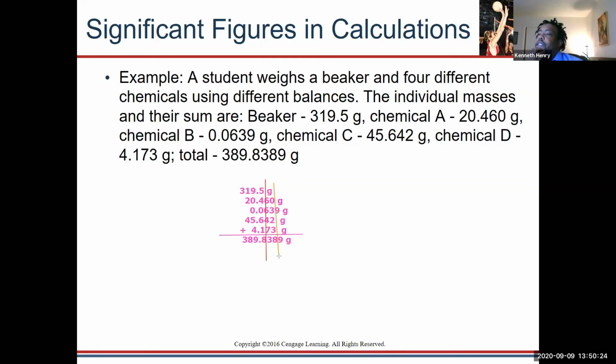Our third number, after the 9. Our fourth number, after the 2. And our very last number, after the 3.